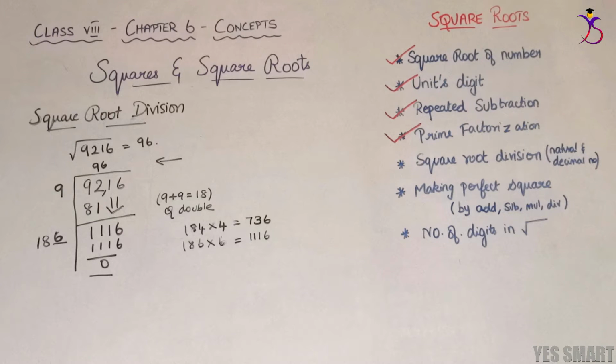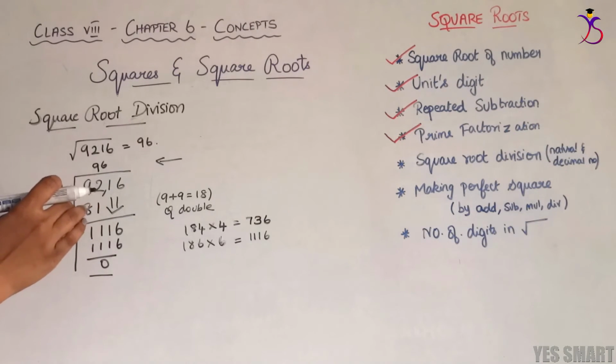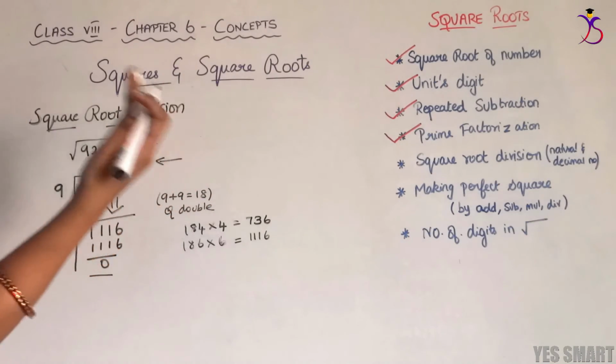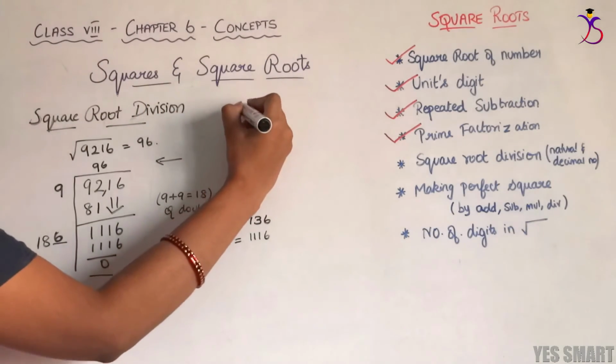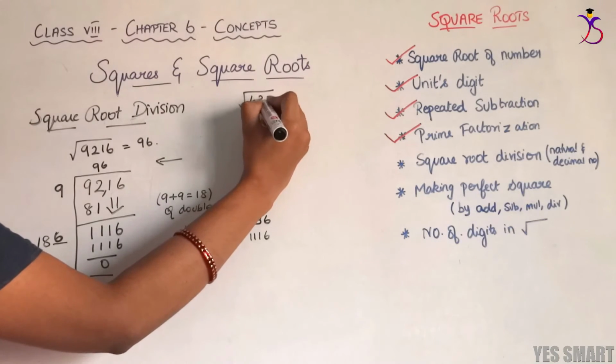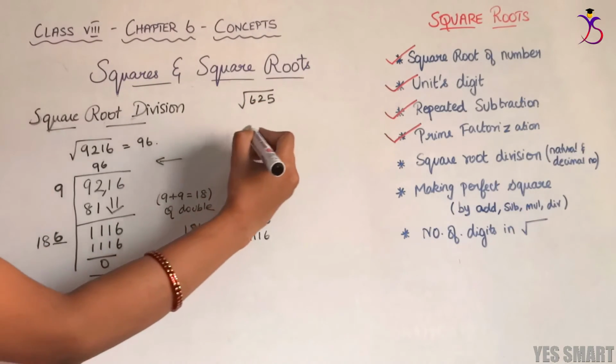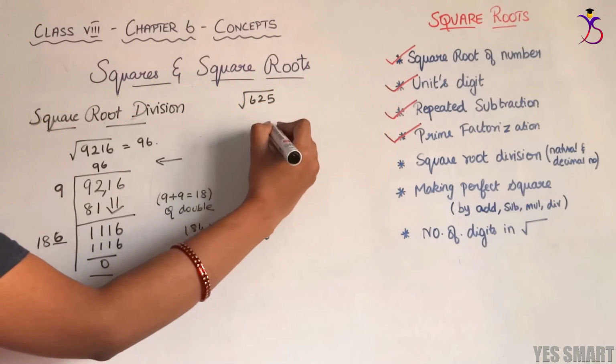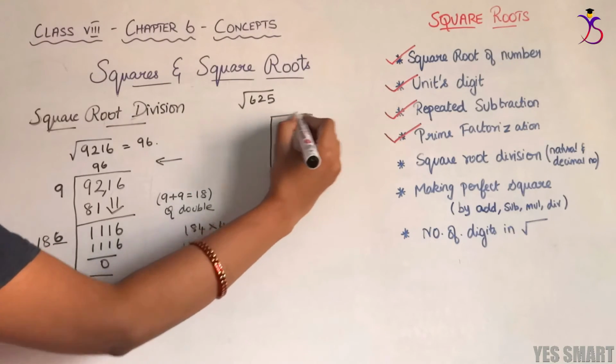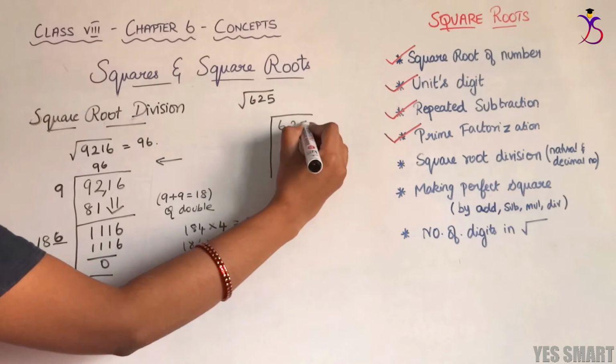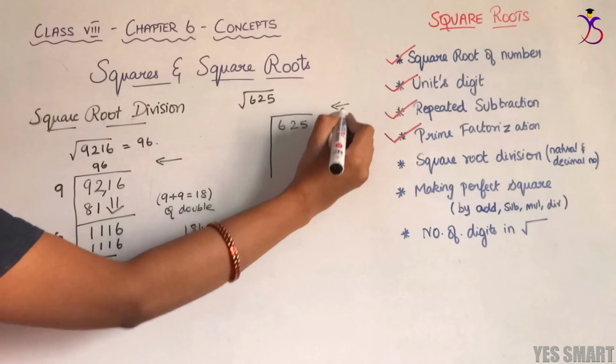Since here we have an even number of digits, we got 2 pairs. But if we got an odd number of digits, one digit will be without any pair. Let's look into that example as well. Square root of 625. We are supposed to introduce a comma in this direction, so I'm just inserting a comma before 25.